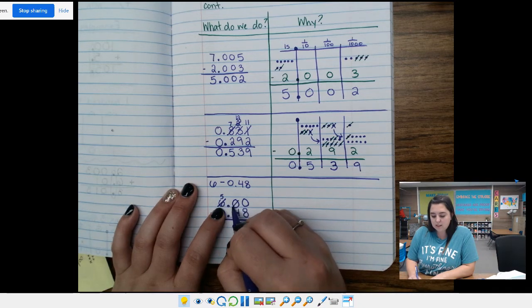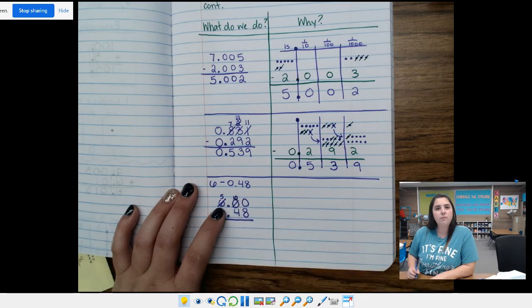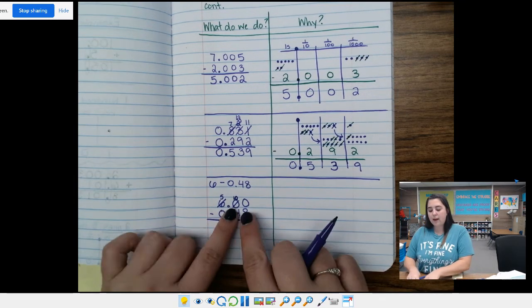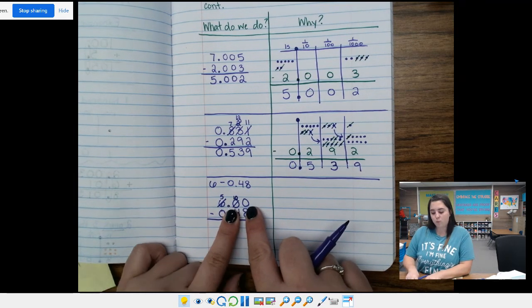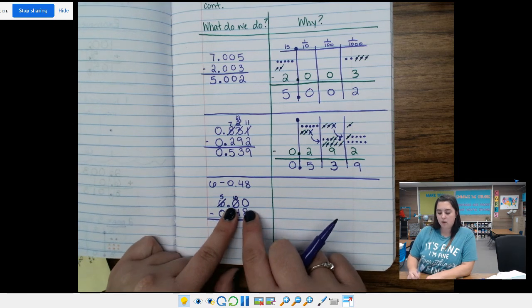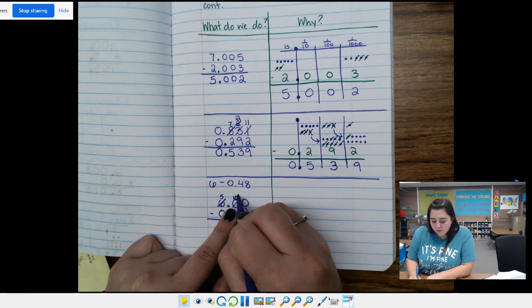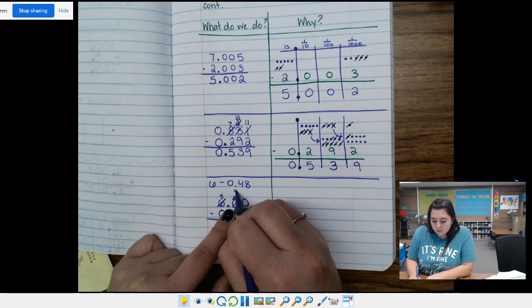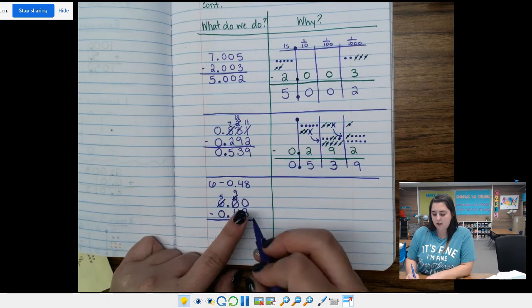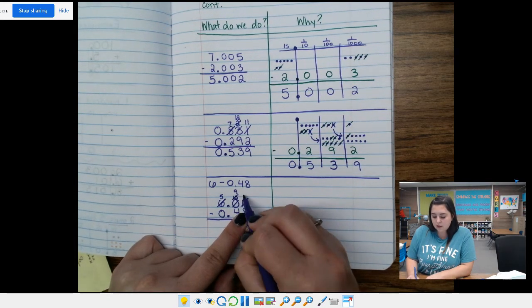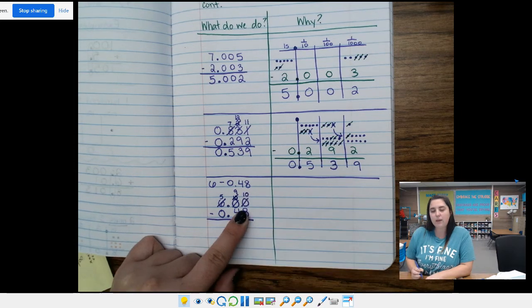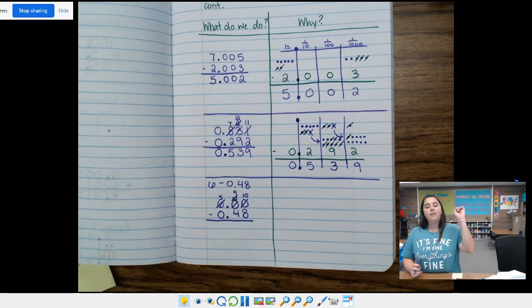That means this 0, I'm going to add 10 to it. 0 plus 10 becomes 10. But I have to regroup all the way back to my hundredths place. So I'm actually going to take something away from that 10, and it becomes a 9. And my 0 over here, I add 10 to it, becomes a 10. Now I can solve.